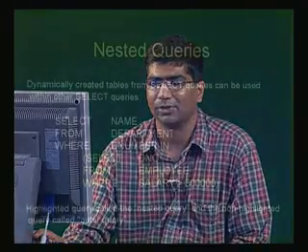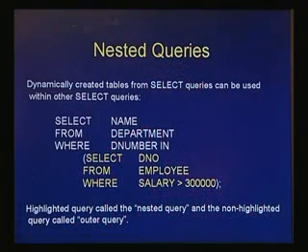We now come to the next aspect of SQL querying, perhaps what gives it compositionality, so to say, by which you can compose bigger queries from smaller queries. This is what is called the nested query.